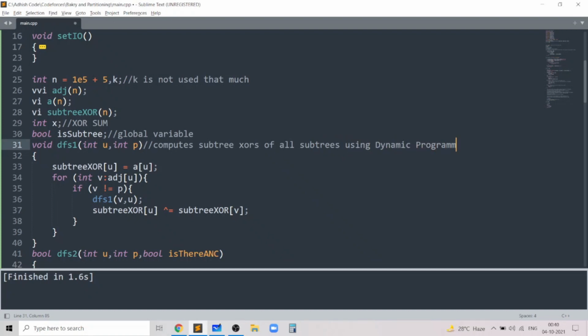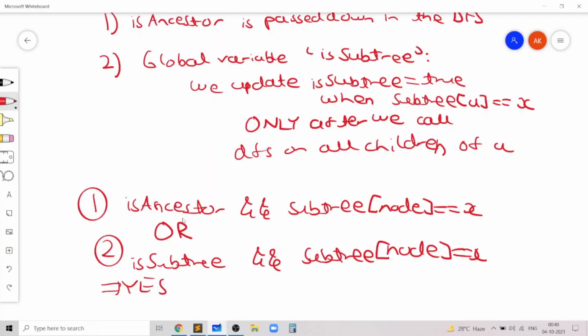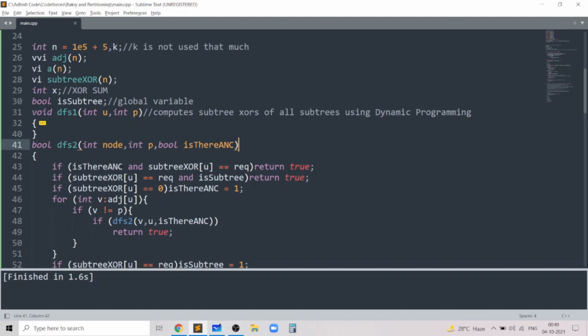And then the second DFS takes in the parameter u, or basically the current node. Then it takes in the parent of the current node, and it takes in is there an ancestor. So is there an ancestor is basically the variable is ancestor. So if there is an ancestor and the subtree XOR of the current node is equal to x, then we return true.